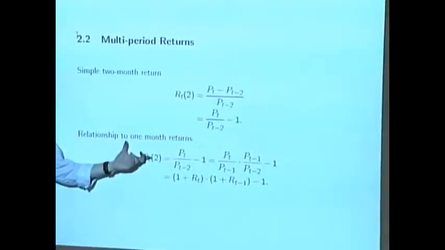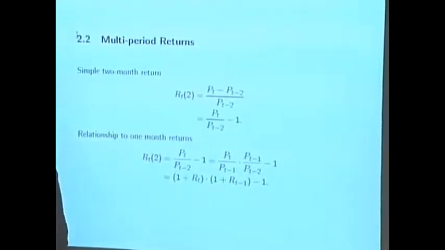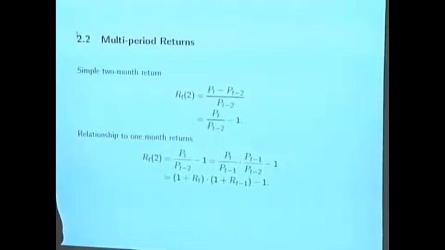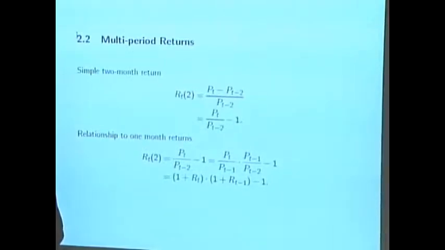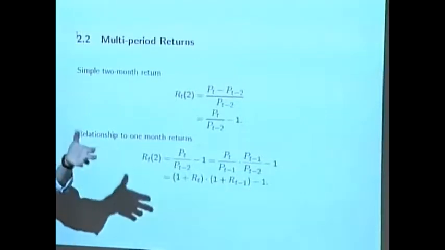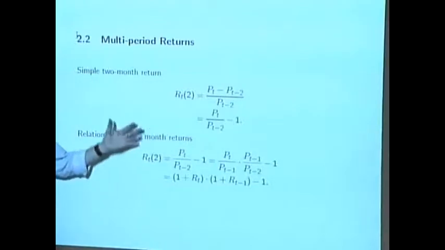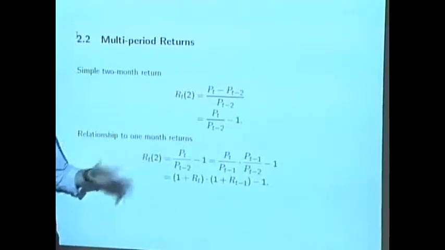Now, this is what it is. But as we'll find from a modeling perspective, we're going to build probability models for asset returns. And one of the nice things about probability models that we would like to have is a nice relationship between asset returns, say, over 1 month and asset returns over 2 months or 1 year and things like that. And we would like to say things like asset returns are normally distributed.